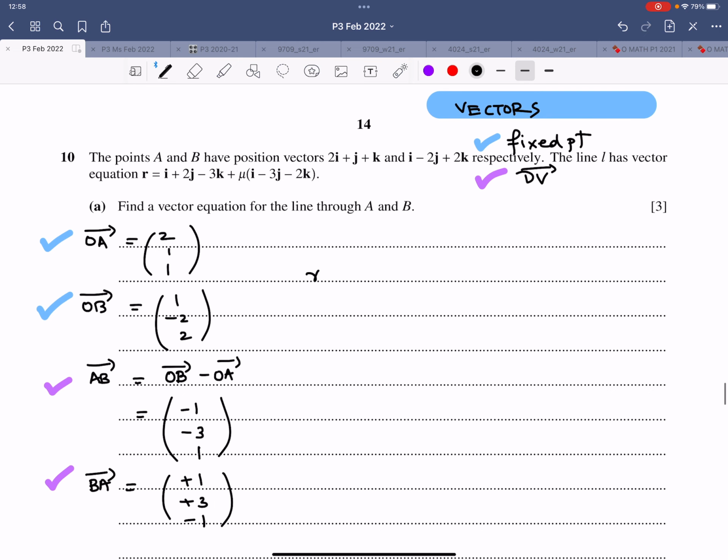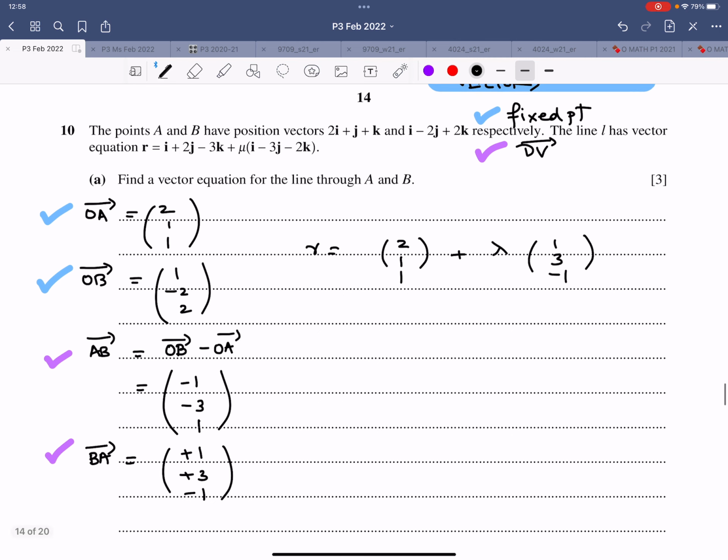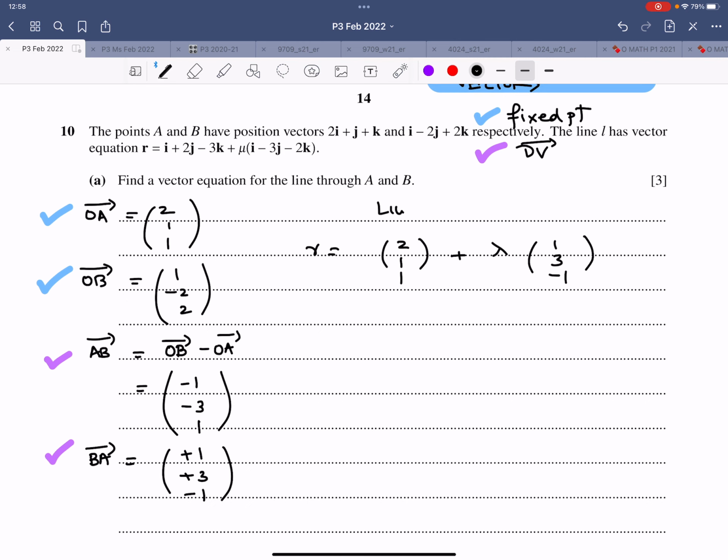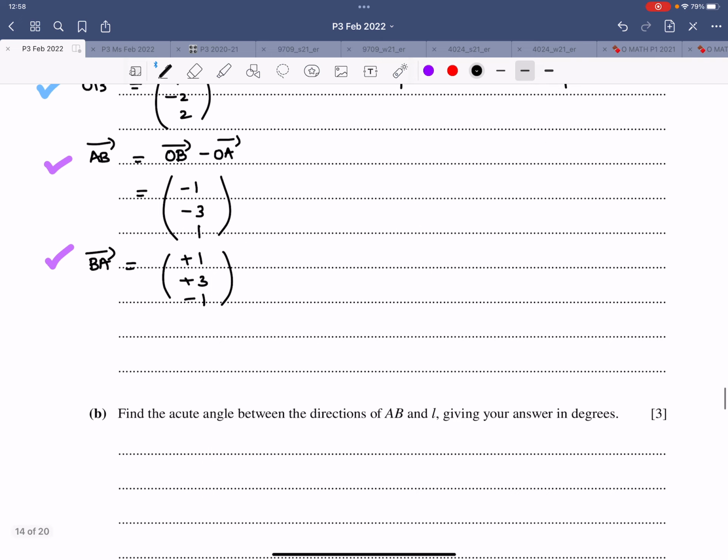R is equal to something plus lambda something. The easier point looks like 2, 1, 1, and the easier direction vector looks like 1, 3 and minus 1 because of lesser negative signs. So this is line AB. That's the equation for this one, for 3 marks.